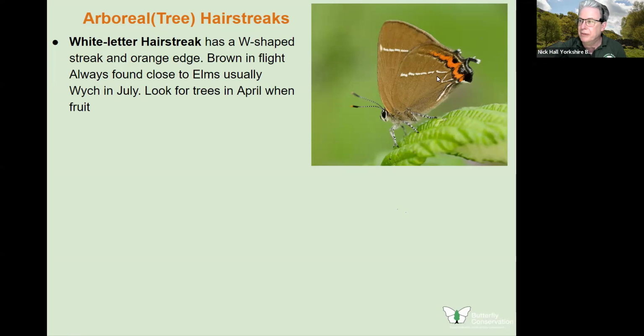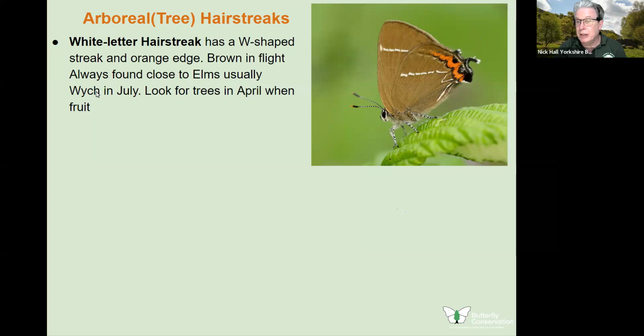It has this wonderful W shape right here, which gives it its name of the white letter. And it has a streak of orange along the edge here. Brown in flight. It's always found close to elms, and it's usually wych elm, which is still quite common in Yorkshire.